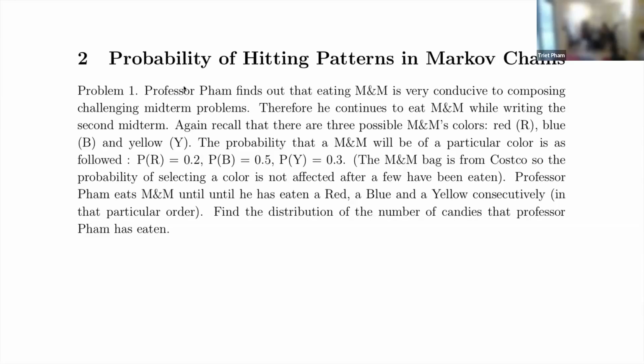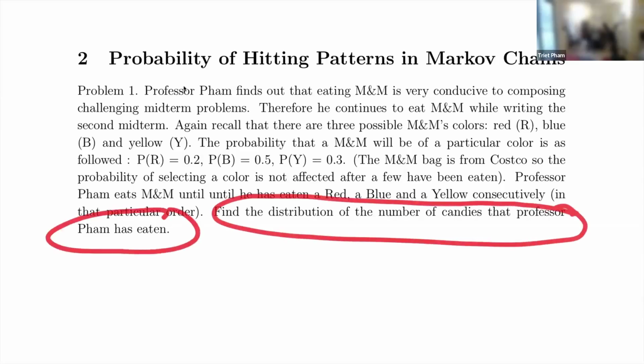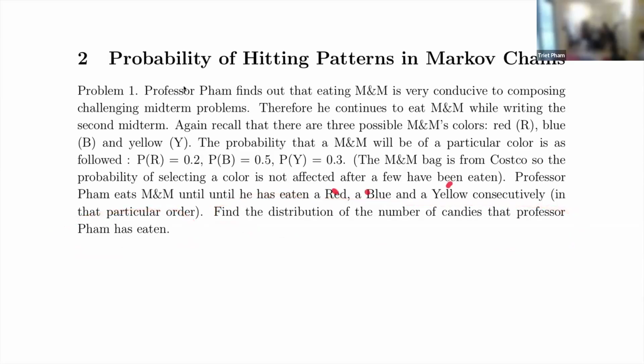Okay, so first of all, let's look at what the question is. Of course it's trying to track a pattern, red, blue, and yellow, but the question is asking for what? If you let n be the first time to see red, blue, and yellow, then what is the question asking for?